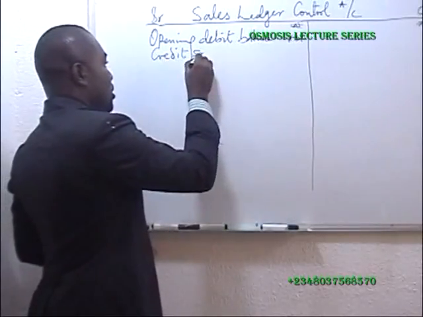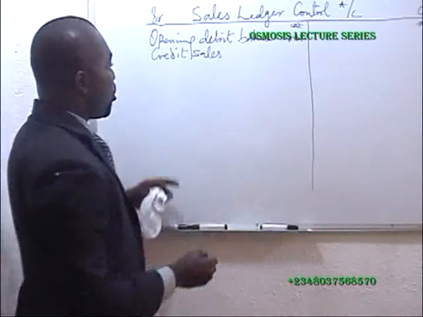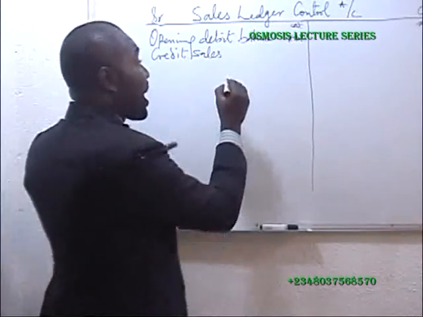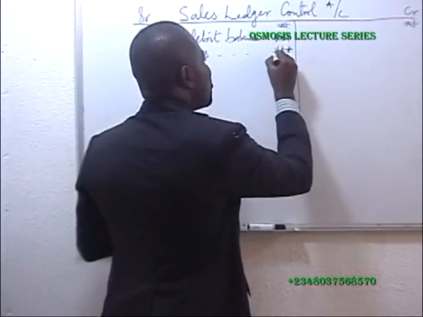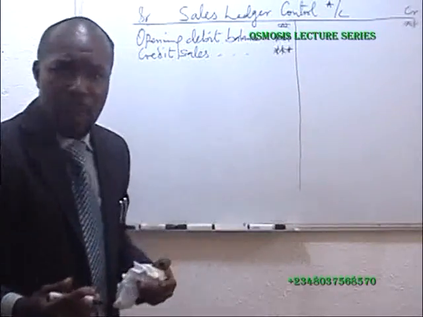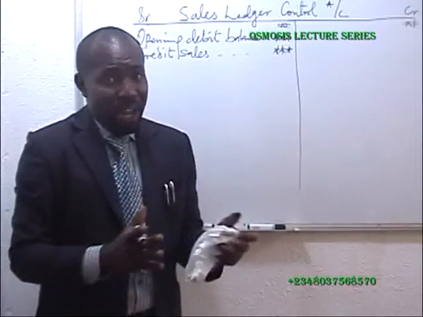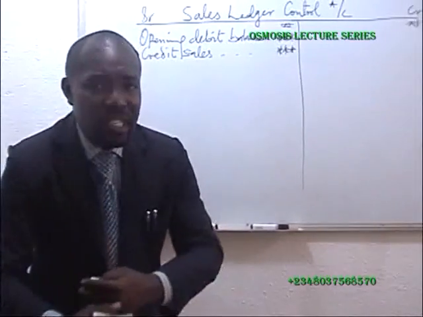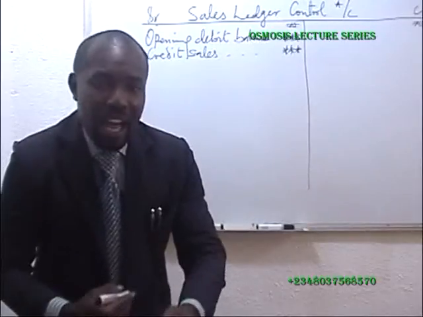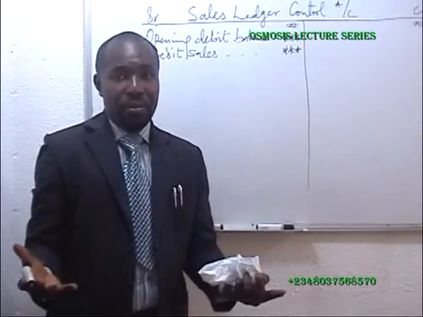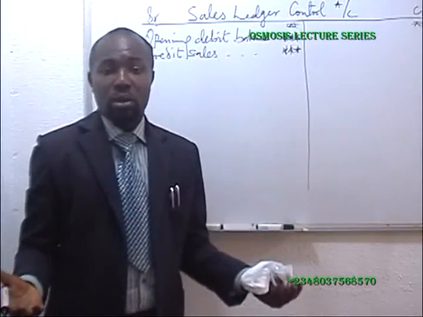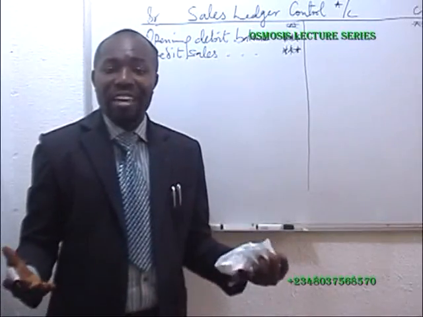If you make more credit sales, automatically your debtors will increase. Just see that you as a business person, some people are owing you. You now make more sales on credit. As you make more sales on credit, automatically your debtors will increase, without being told.